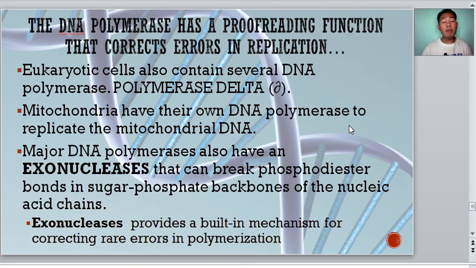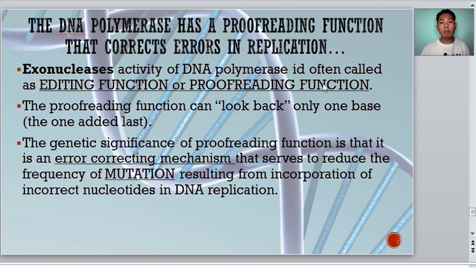Major DNA polymerases also have an exonuclease that can break the phosphodiester bonds in the sugar-phosphate backbones of nucleic acid chains. The exonuclease provides a built-in mechanism for correcting rare errors in polymerization. The exonuclease activity of DNA polymerase is often called the editing function or proofreading function.